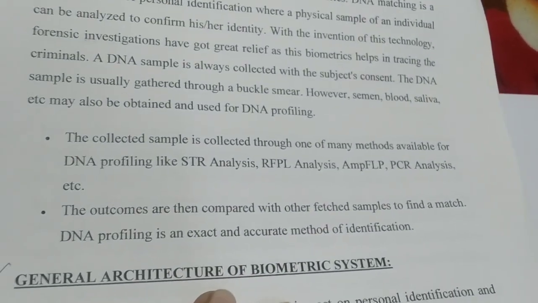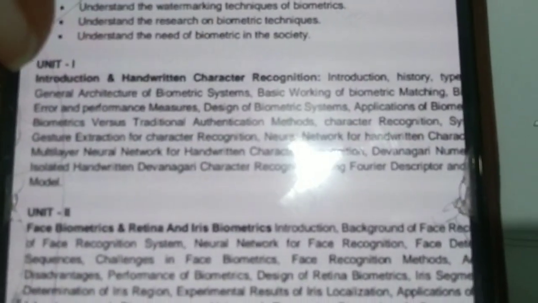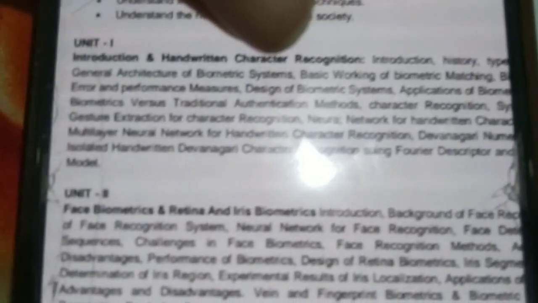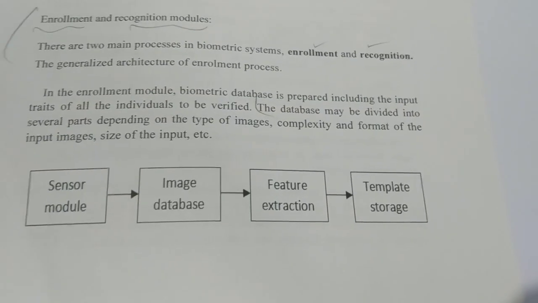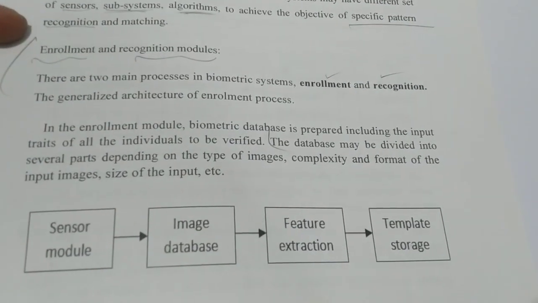Let's see another topic. As you can see, we have completed the introduction and history of biometric. Now we are going to see the general architecture of biometric system. So we have a diagram in general architecture of biometric system. Let's see. This one is the basic diagram of general architecture of biometric.